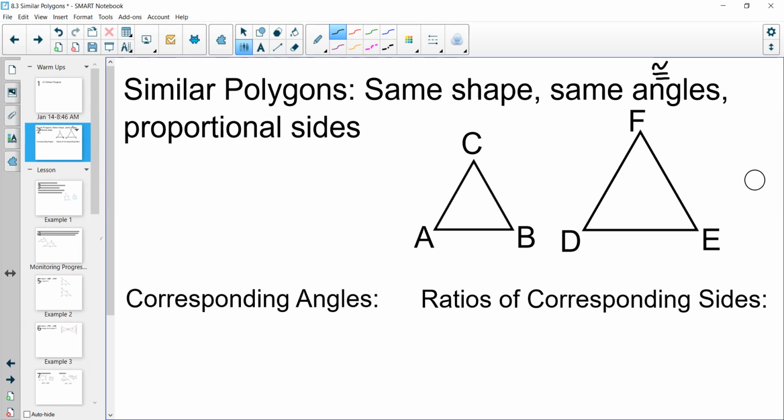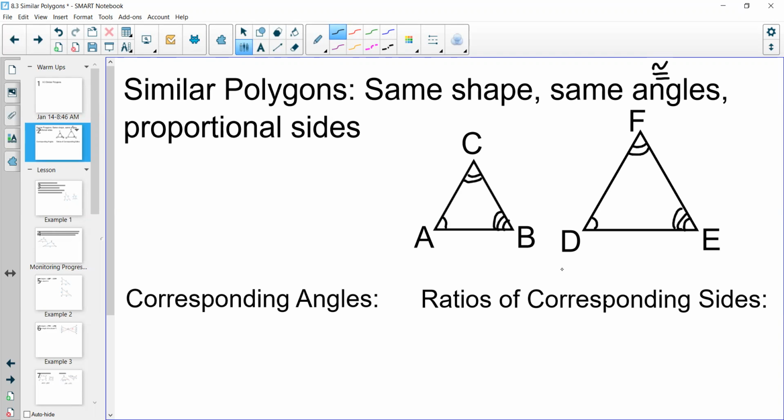So what does that look like? Well, when we're looking at something like these two triangles here, we know that they're the same shape because they're both triangles. But how do we know that they're actually similar? Well, these angles here actually need to be the same measurements. Now, they don't all three have to be the same measurement, but you have to have congruent angles for the corresponding parts of those triangles.